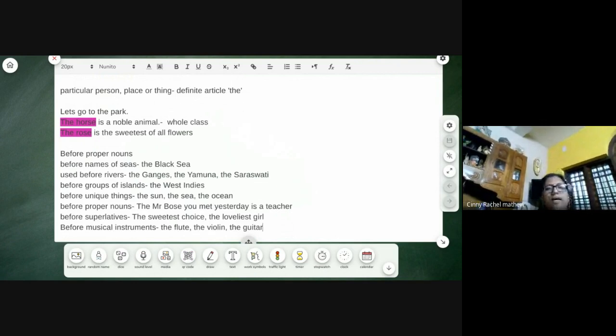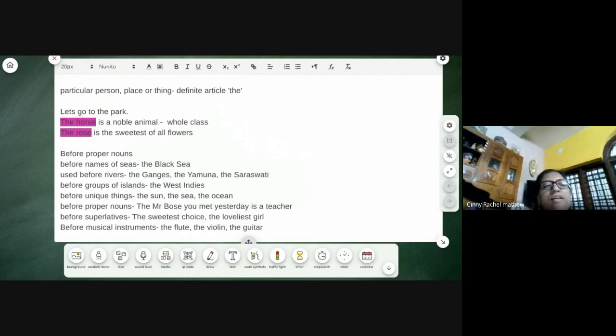So I hope this rule about the usage of the definite article the is also clear. We can use the in front of a whole class to signify a whole class of animals or flowers, etc. The ocean is dangerous, or the sea is unforgiving.